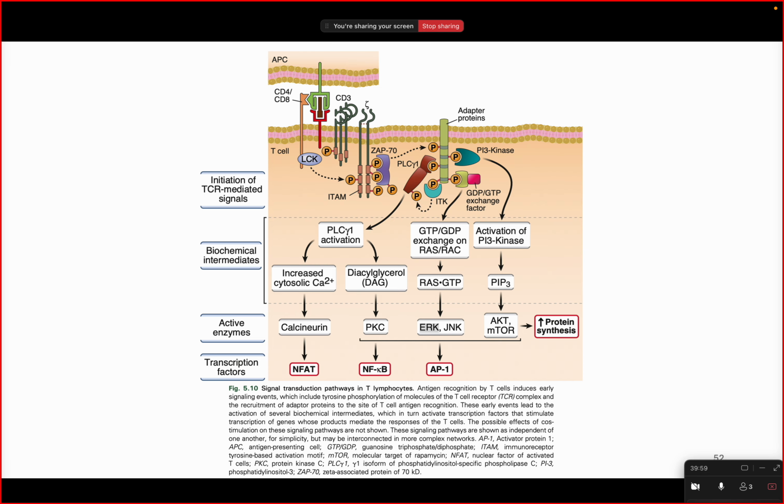Then again, putting a little more focus on the signal transduction pathways, because signaling is the one which is basically taking the steps, right? Once the ligand has been bound to the receptor, every single thing will be governed by the cyclic reactions which take place in the cell. The majority of them can be seen here, but these are not the only ones. There are other signaling pathways as well which are activated once the ligand binds to its receptor.